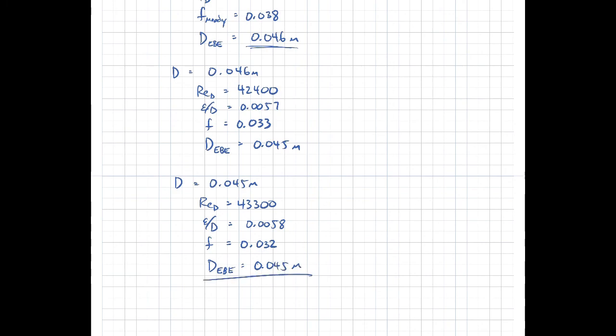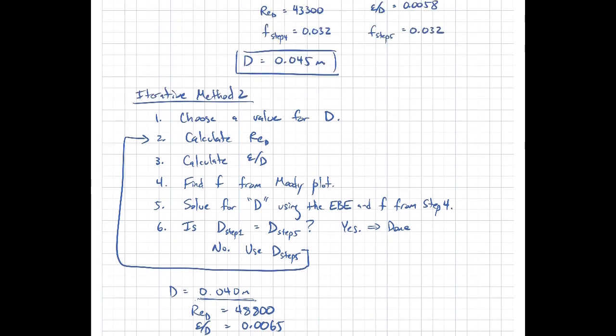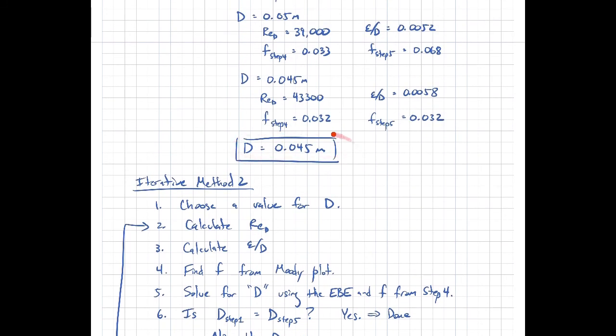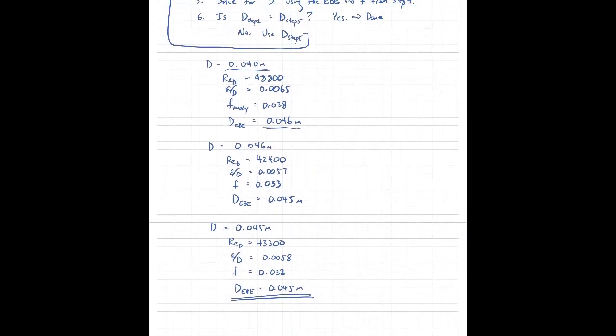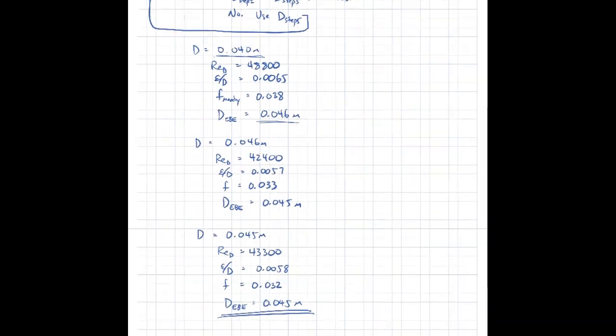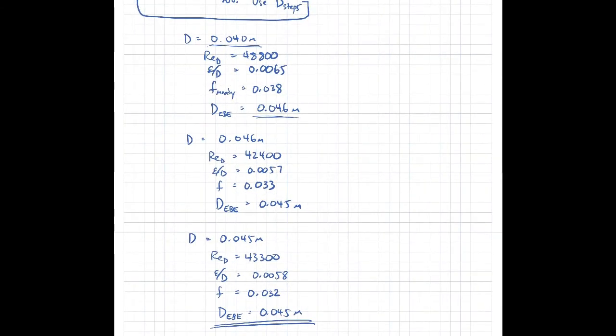So now we have our converged iterative scheme. And you'll see that that diameter, 0.045, is the same as what we found using our first iterative method. So it doesn't matter what iterative method we use, we should still get the same result. It's just one iterative method may be more convenient to work with than the other one.